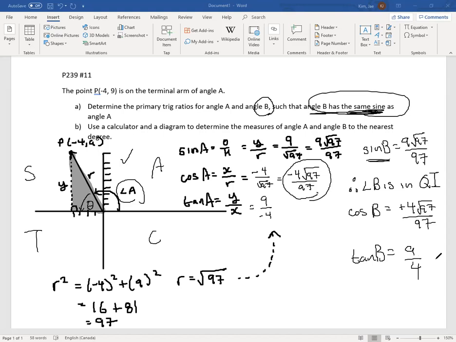I'll stop there for a second while you soak it in, because that's a bit of a jump. A lot of people, again, this would take a deeper understanding of CAST rules. So think about it and ask away.